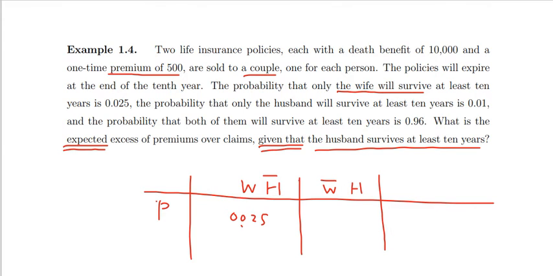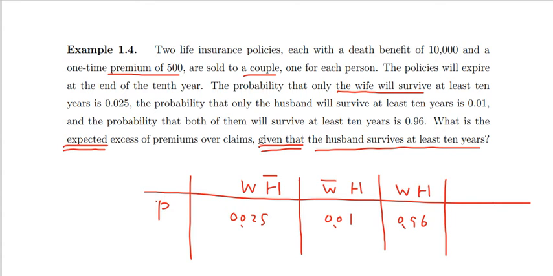This is 0.01. And the probability that both of them will survive, WH, this is 0.96.